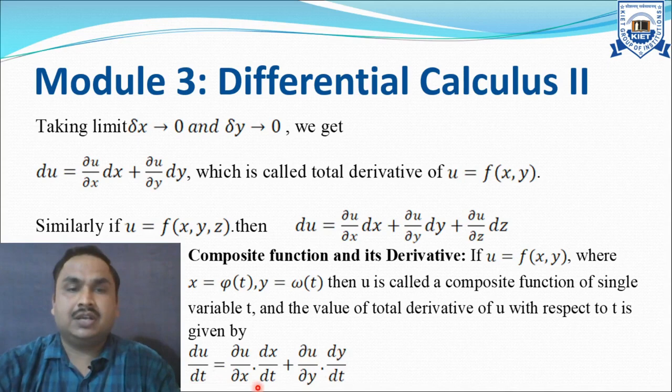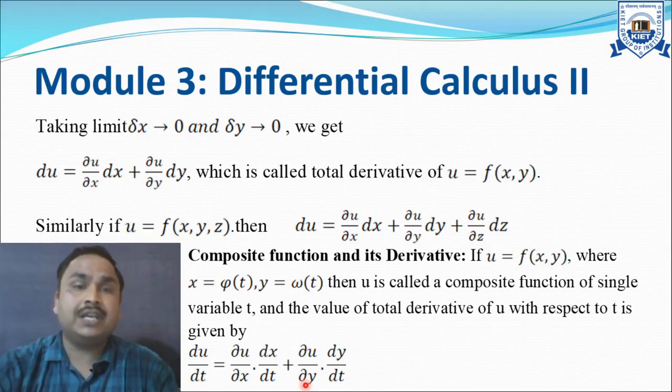Clearly in this relationship, partial derivatives of u with respect to x and y appear, since u is a function of two variables x and y, and ordinary derivatives of x and y with respect to t also appear, as x and y are functions of single variable t.